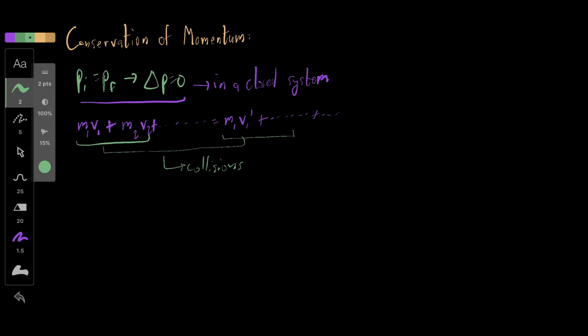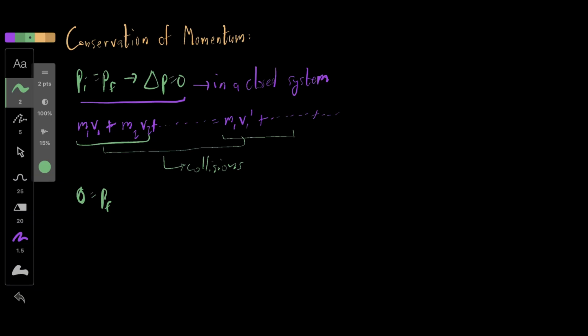What's going to happen normally is we're going to have an initial object at rest. Now, this means that one of our sides is going to be equal to 0. And then this will also equal the final momentum.